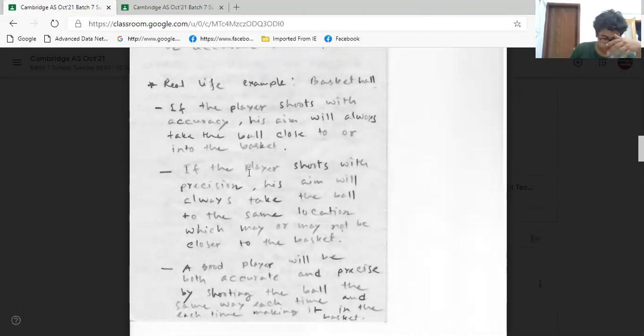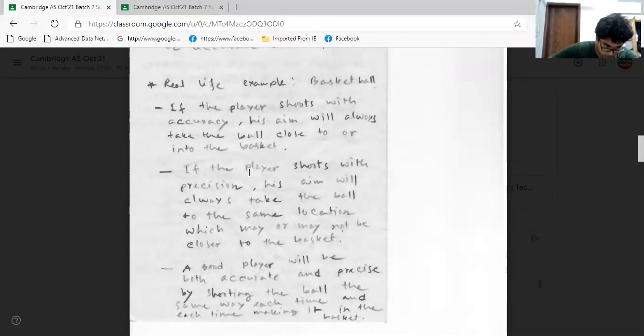So this one is saying that the player is exactly throwing the ball to the place where it should be going, right? So this is great accuracy. He is accurately throwing the ball to the correct place.